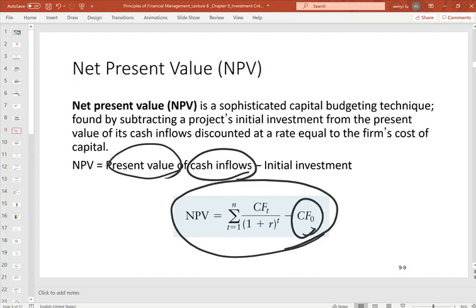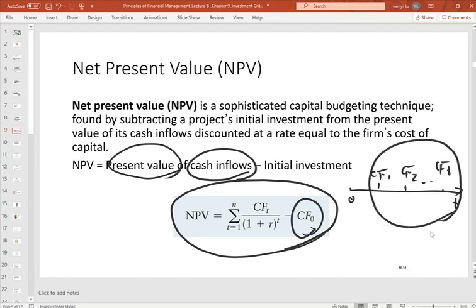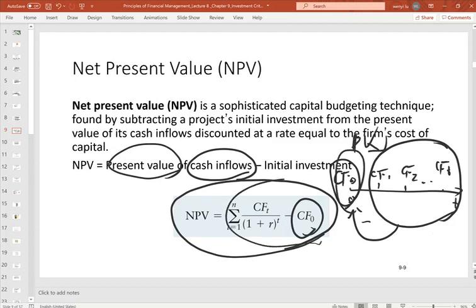If you have CF1, CF2, CF3, and CFT, or any time, you discount all the cash flows to time zero, then subtract the initial investment at time zero. The PV of the future cash flows minus the initial investment gives you the net present value.